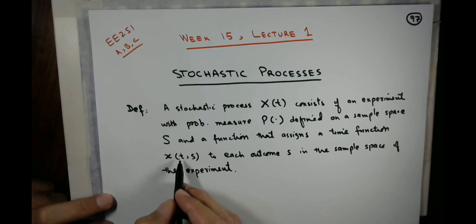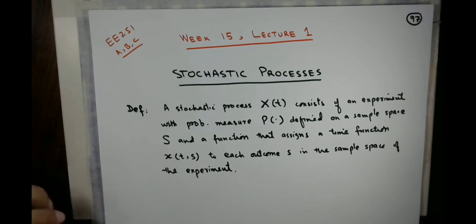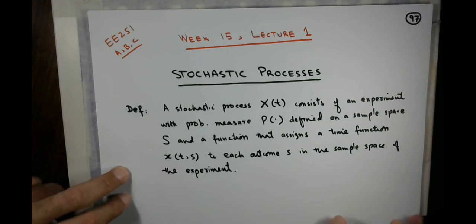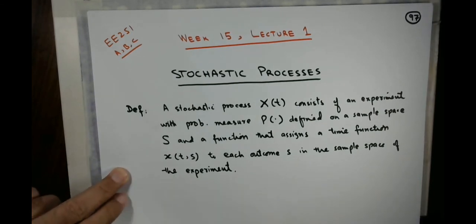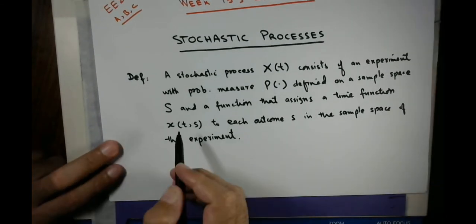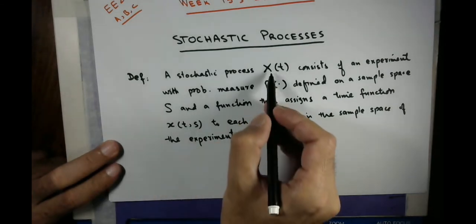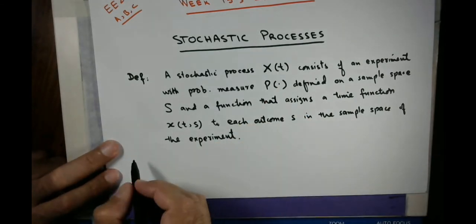That's why we have this t, and this small s indicates a particular value from this sample space. So we call this small x of t comma s a sample function, because this is one of the many functions possible in the process x of t.